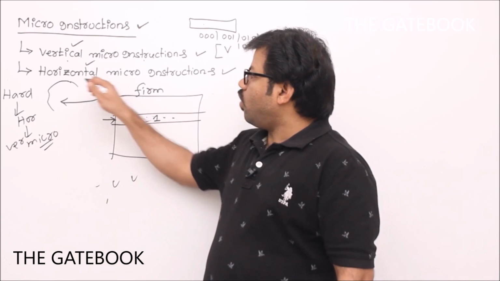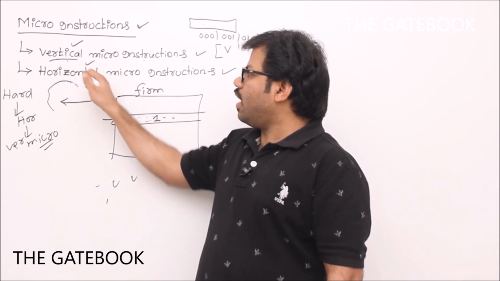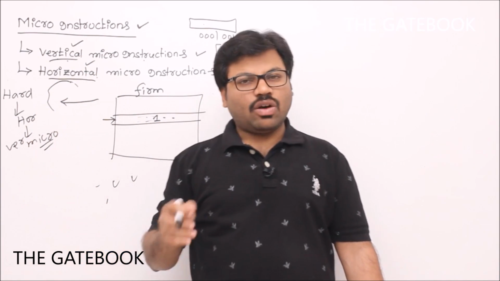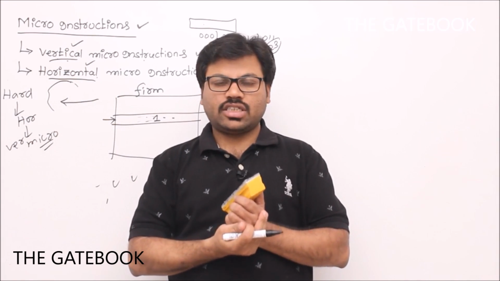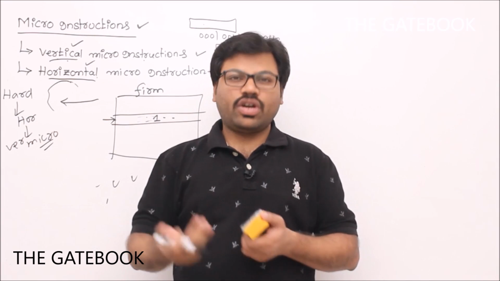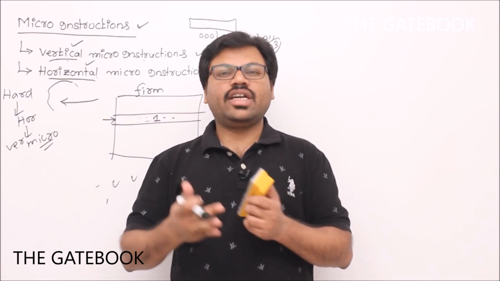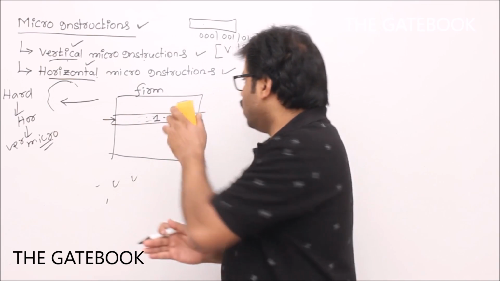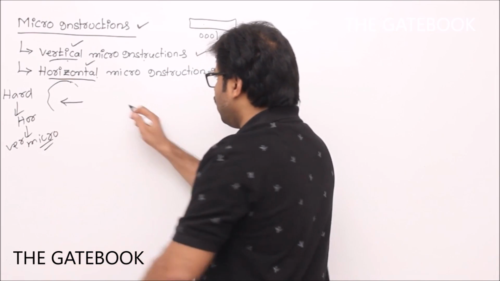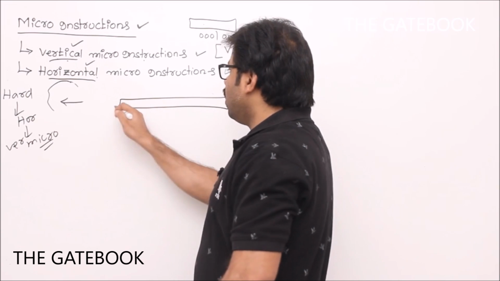Now, sir, what is the difference between vertical and horizontal? The only difference is you are using compact form in the vertical micro instructions. Because of that, it is adding more delay. But what is the advantage it is giving? It is reducing your memory size, correct? We are going to keep all the micro instructions in memory.